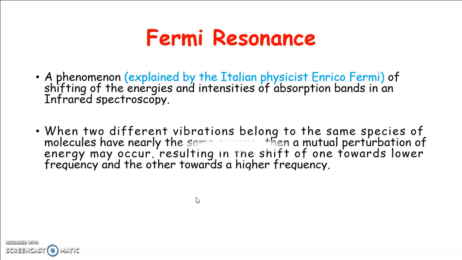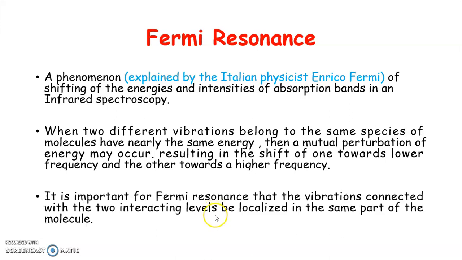Sometimes it happens that two different vibrational levels have nearly the same energy. If such vibrations belong to the same species of molecules, then a mutual perturbation of energy may occur, resulting in the shift of one towards lower frequency and the other towards higher frequency.